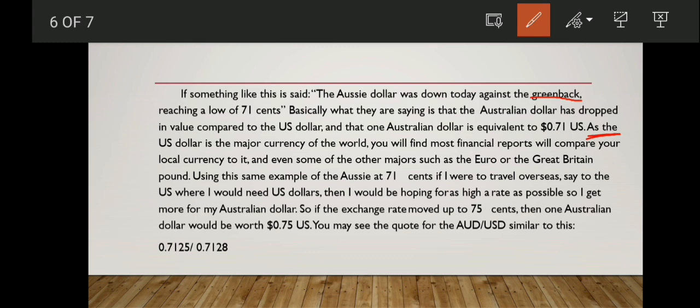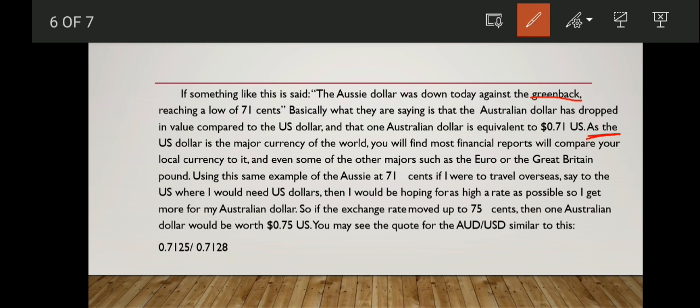Using the example of the Aussie at 71 cents, if I were to travel overseas, say to US, where I would need US dollar, then I would be hoping for as high a rate as possible, so I get more for my Australian dollar.